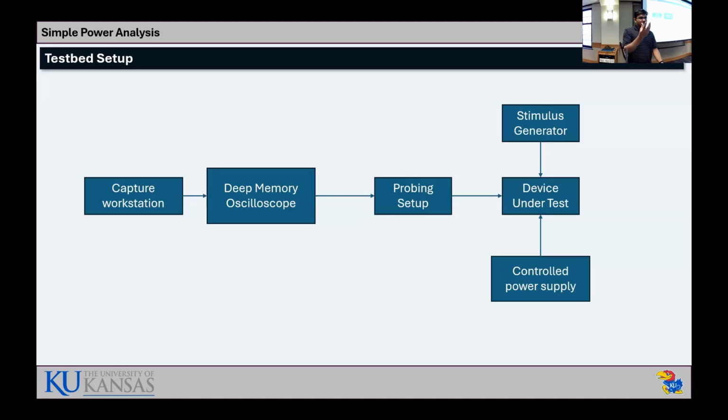Suppose you have a processor, you need to probe one pin, so you need some setup to probe the processor. Then a stimulus generator where you give the inputs, and a power supply. And this is the device under test, the target board or target device that you want to break or get information from.